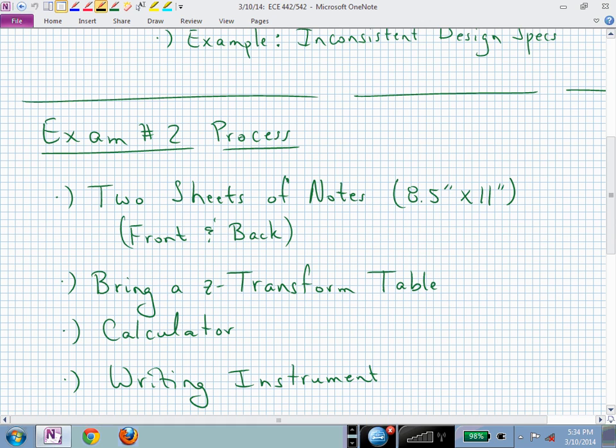The new table is actually 2 pages. Really, the transforms are just on the first page. Transform theorems or properties are on the second page. I'll allow you to bring both pages of that. So you could theoretically have 4 pages that you're dealing with for exam number 2. Is that clear? If you bring the old transform table, you will have 3.